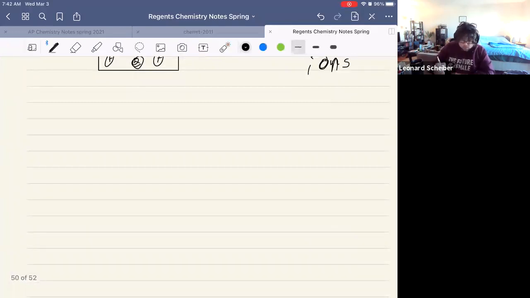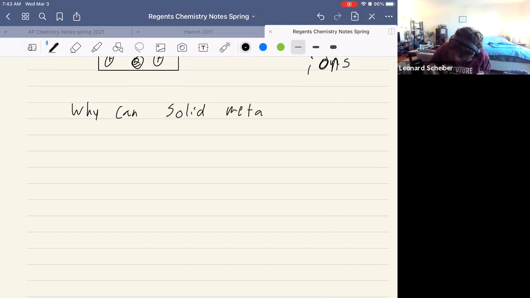Now, while solid salts can't conduct electricity, we know that solid metals can. Why can solid metals conduct electricity, even though solid ionic compounds can't?